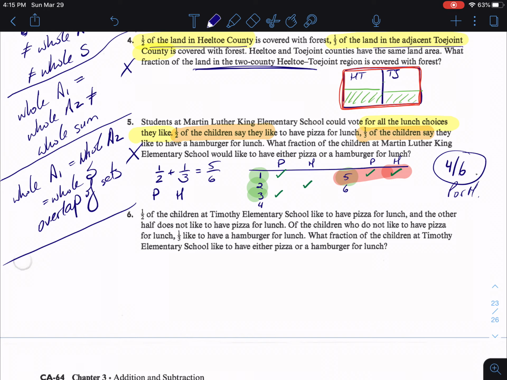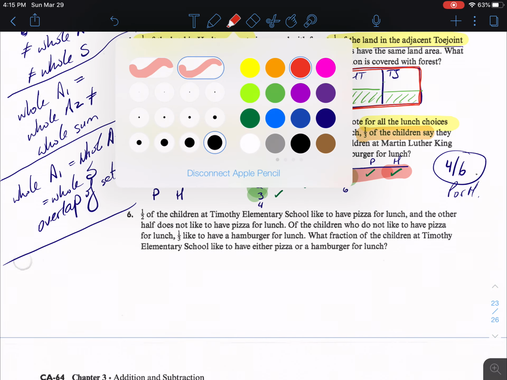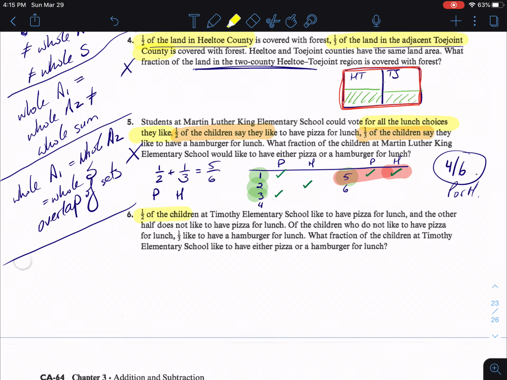All right, so half of the children in Timothy Elementary School like pizza for lunch, and the other half does not like pizza. Of the children who do not like pizza for lunch, 1/3 like to have hamburger. What fraction of the children? Let's draw this out.